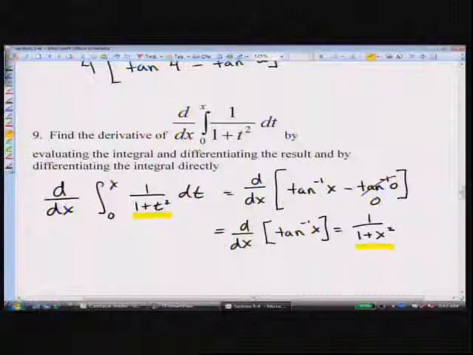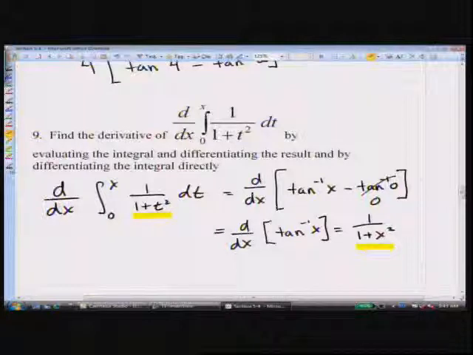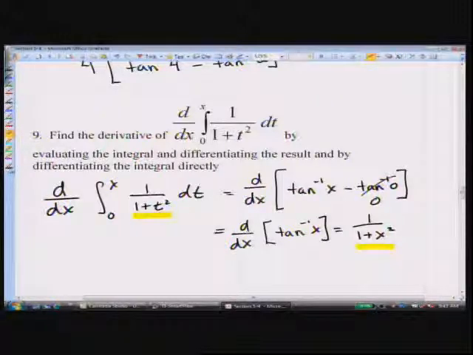Otherwise, I can jump from this step to this step immediately by part 1 of the fundamental theorem of calculus. The derivative of the integral is the integrand, this little guy, with an x put in it and maybe a chain rule necessary. Does that make sense?